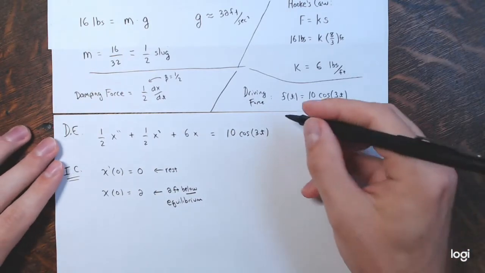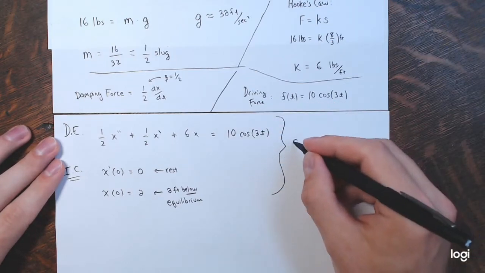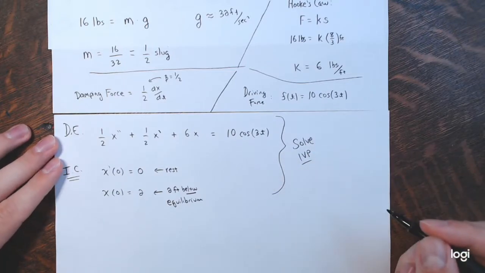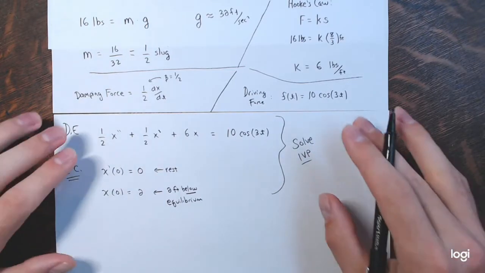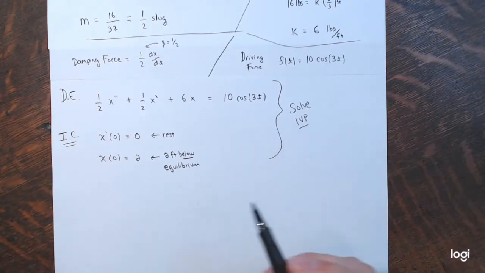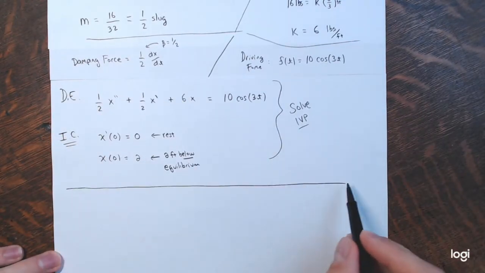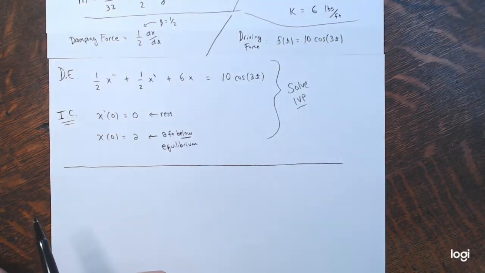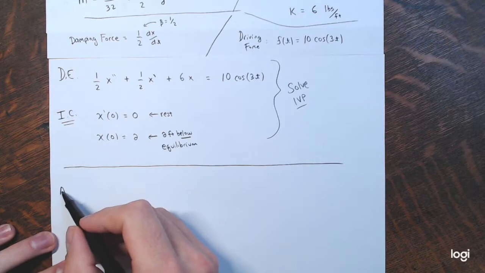All right, so now we're solving this IVP, this initial value problem. First we'll find the general solution of our differential equation. So remember, for a non-homogeneous equation, first we find the solution to the corresponding, or associated, homogeneous equation.